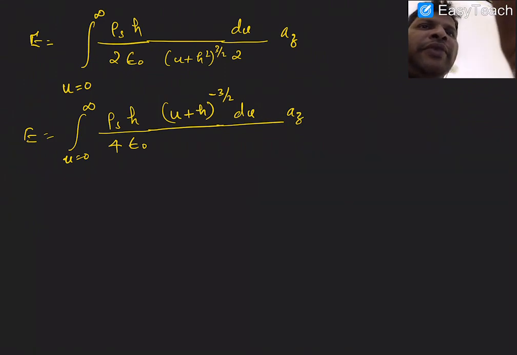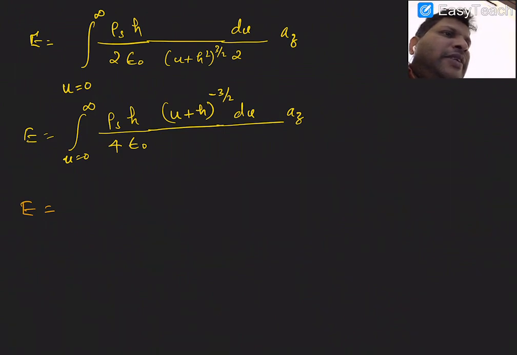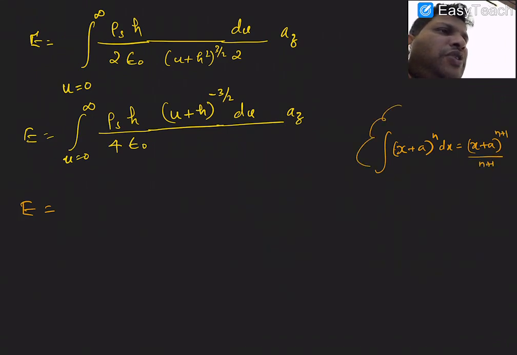So electric field will be equal to, you know that the integral of x plus a whole power n dx will be equal to x plus a whole power n plus 1 divided by n plus 1. So I will use this rule here.